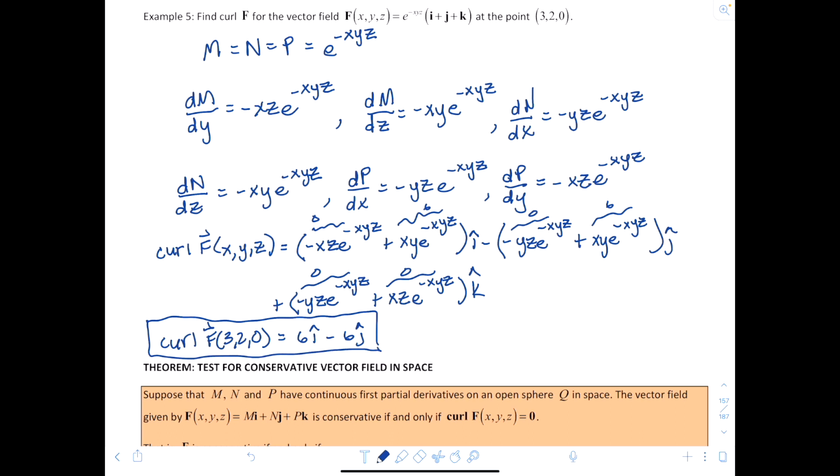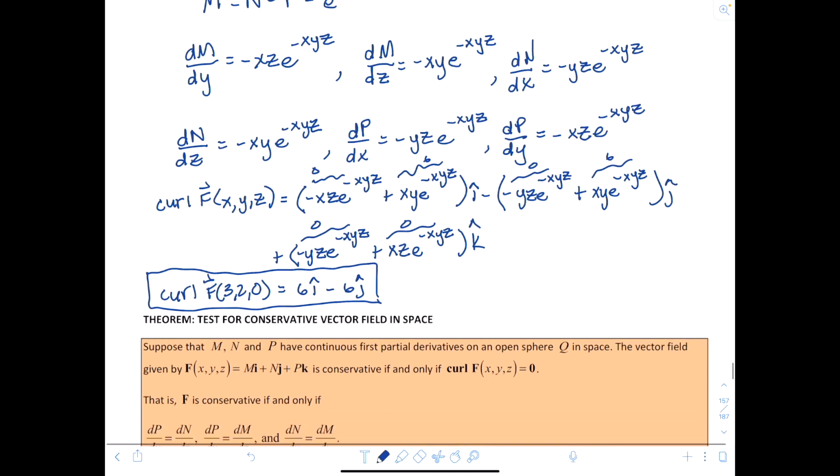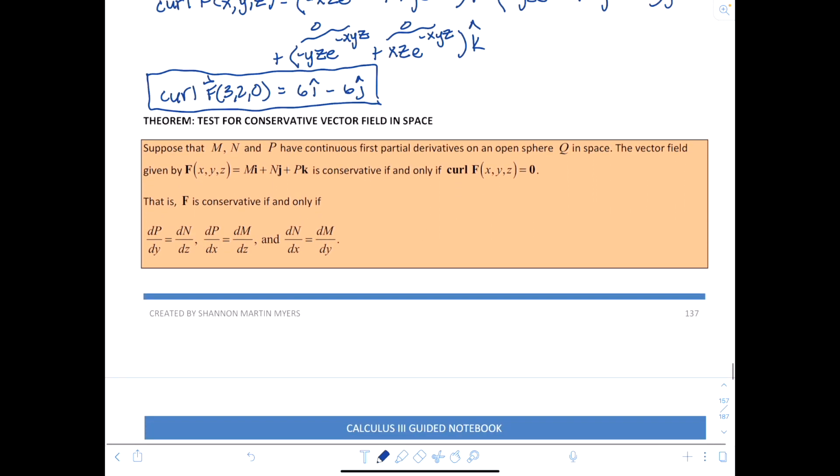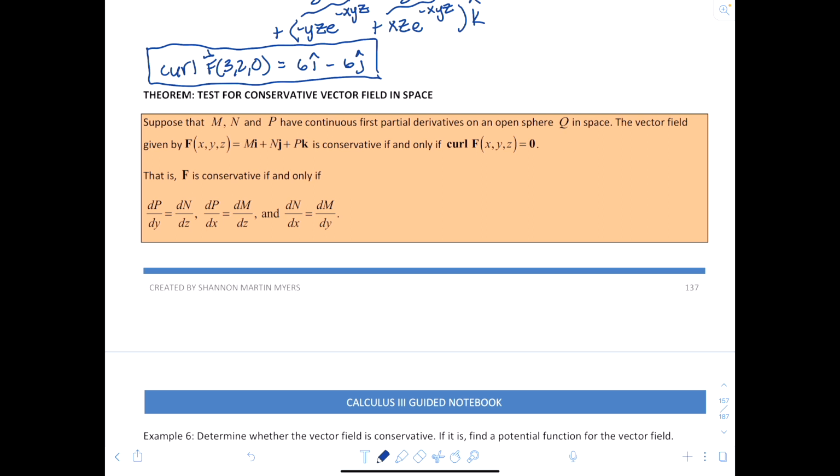All right, so now we're on a theorem, the test for a conservative vector field in space. Suppose that M, N, and P have continuous first partial derivatives on an open sphere Q in space. The vector field given by f(x, y, z) = M i + N j + P k is conservative if and only if the curl of f equals the zero vector.